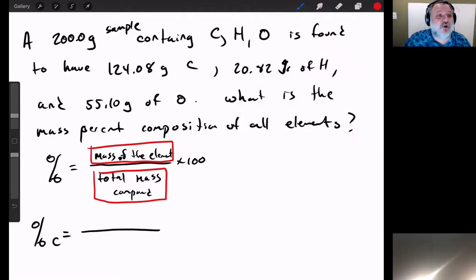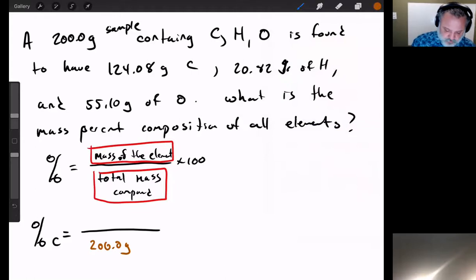Okay, well, what's the total mass of the compound? Read the word problem. Right. The total mass of the compound is 200 grams. You have a 200-gram sample. Well, what's the mass of the element, carbon in this case?